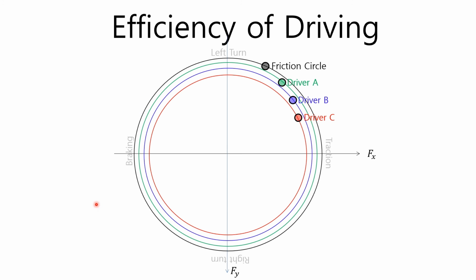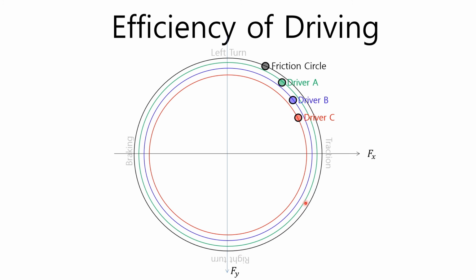Drivers who are good at high-performance driving use the tire friction force as close as possible to the circumference of the friction circle that shows the maximum friction force for either the front wheel, the rear wheel, the left wheel or the right wheel. There is a risk of failure in using all of the maximum frictional force of the friction circle because spin or sliding may occur even with a small disturbance from the road surface.